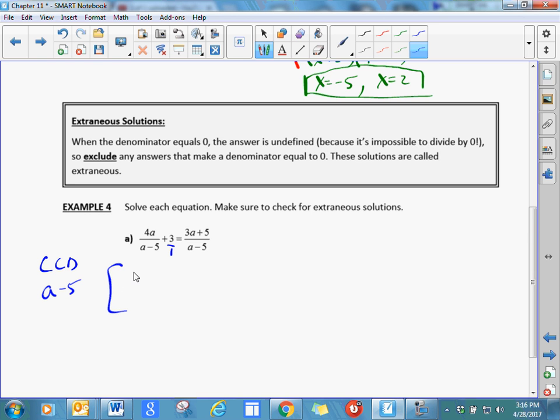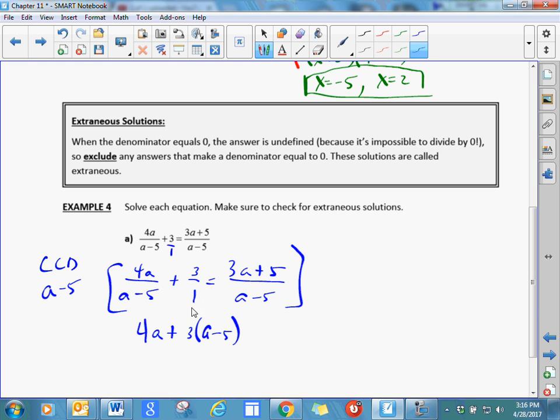So I'm going to multiply through. And when I do that, the a minus 5 cancels, and I'm left with 4a plus 3 times a minus 5, because nothing cancels down here, equals 3a plus 5, because the a minus 5 cancels.